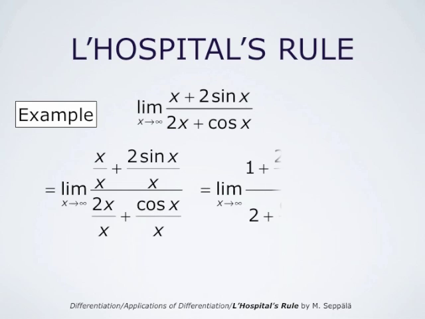X divided by x is 1, 2 times x divided by x is 2, so we get the limit as x approaches infinity of 1 plus 2 times sine of x divided by x, and that sum divided by the sum 2 plus cosine of x divided by x. As x approaches infinity, cosine of x divided by x approaches 0, and so does 2 times sine of x divided by x. We conclude that this limit is 1/2.